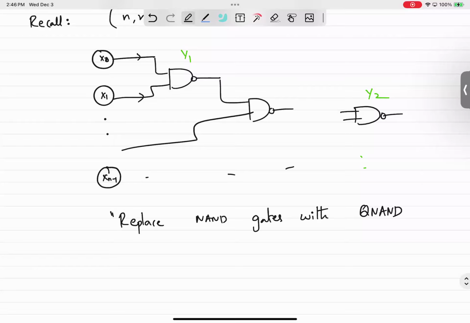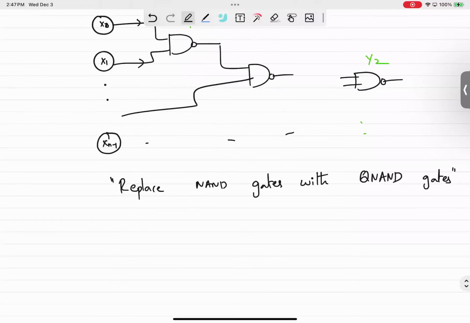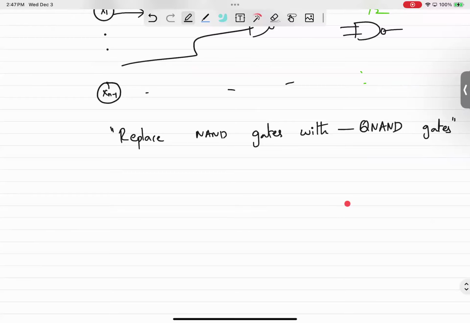But this by itself is not enough. For when we talked about circuits, whether you had AND or NOT operations or just NAND operations or something else, they were all equivalent to each other. To get kind of the same thing, it's not enough to just have QNAND gates. You also need one other gate, and that's the Hadamard gate.